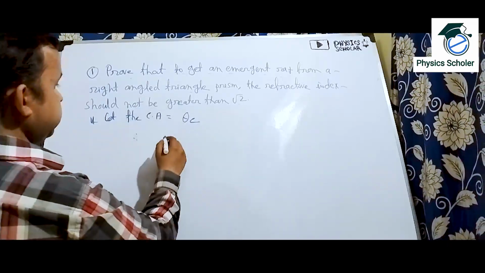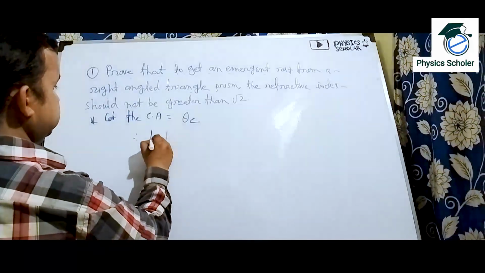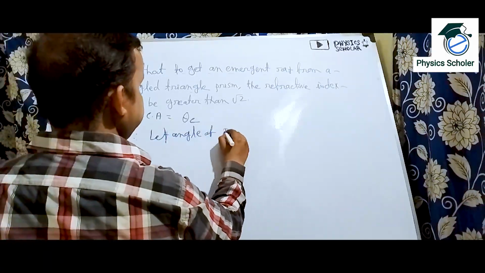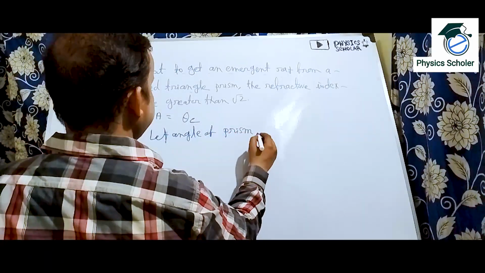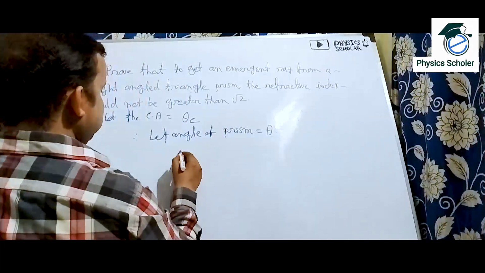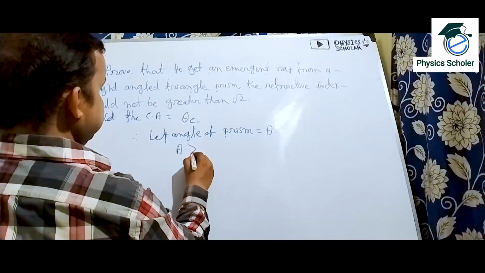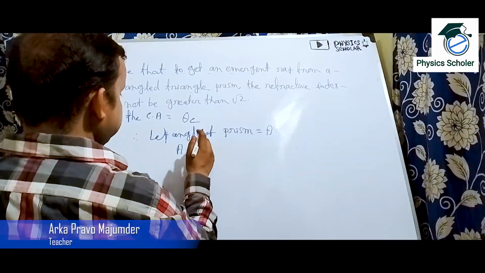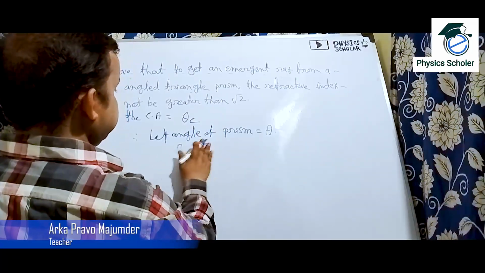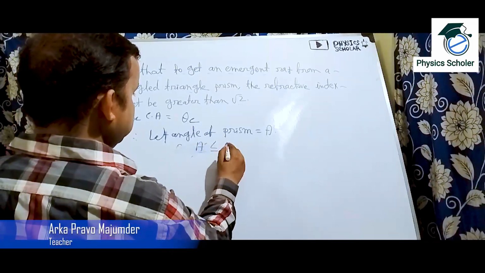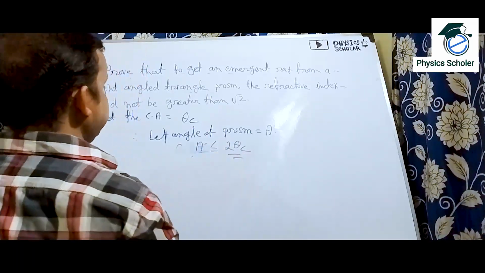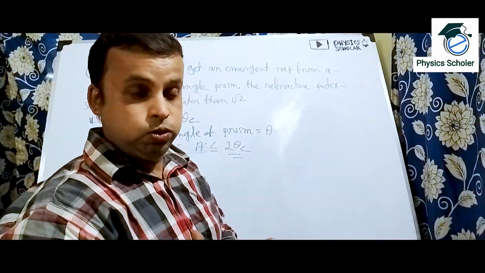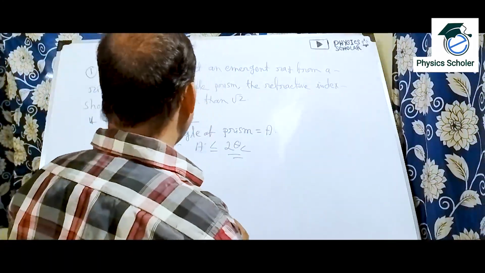Let the angle of prism be A. The value of A should be less than or equal to 2 theta c to get an emergent ray. That means it cannot be more than 2 theta c. It should be less than or equal to 2 theta c.